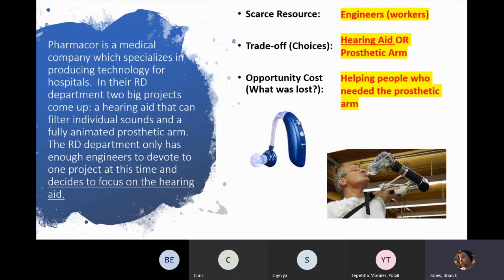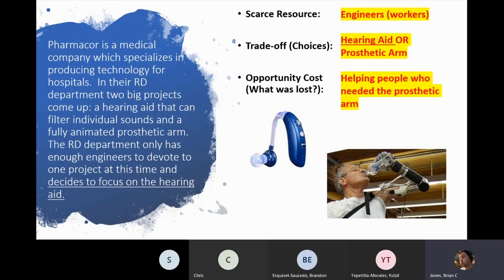So what is scarce here? Why can't we do both? Why is scarcity a problem here? We don't have enough what? Engineers. Very good, Brandon. Engineers.